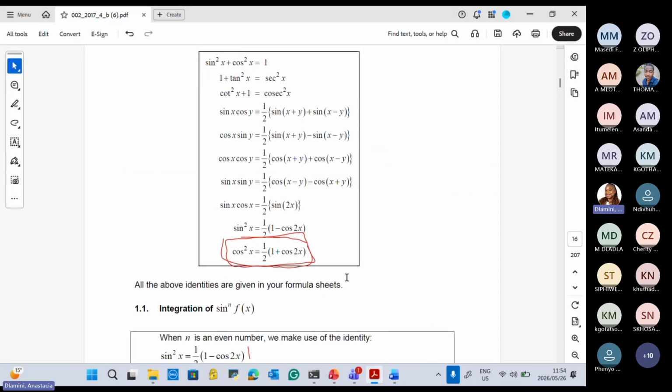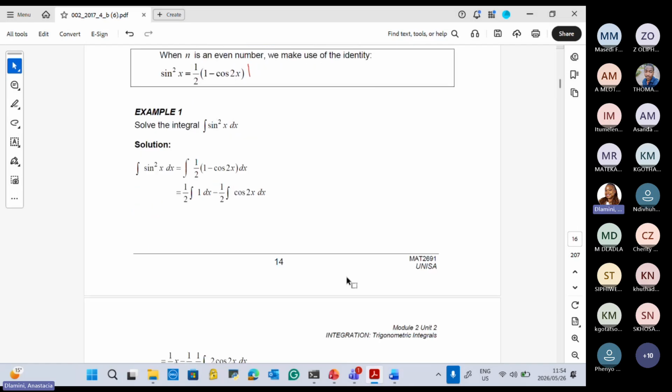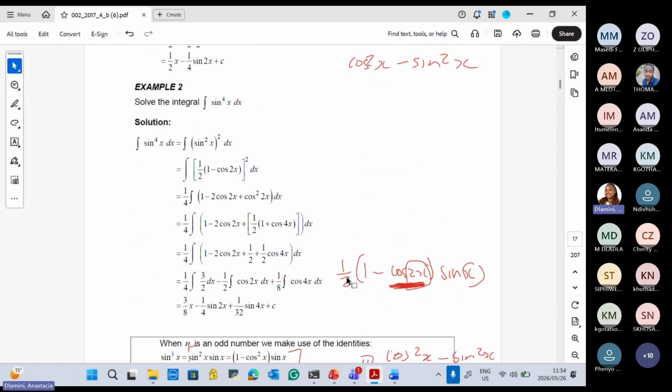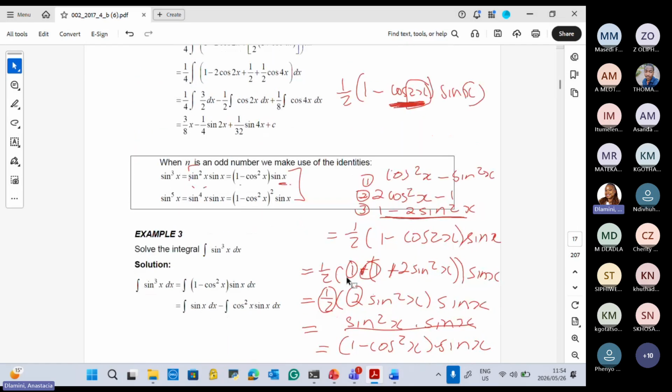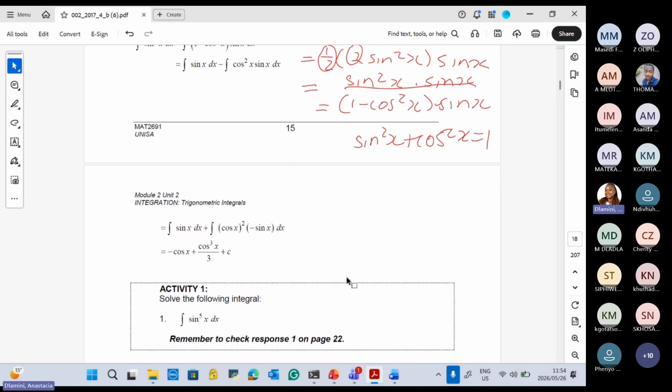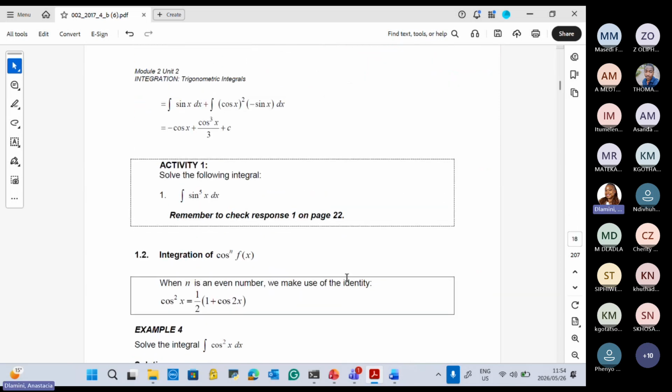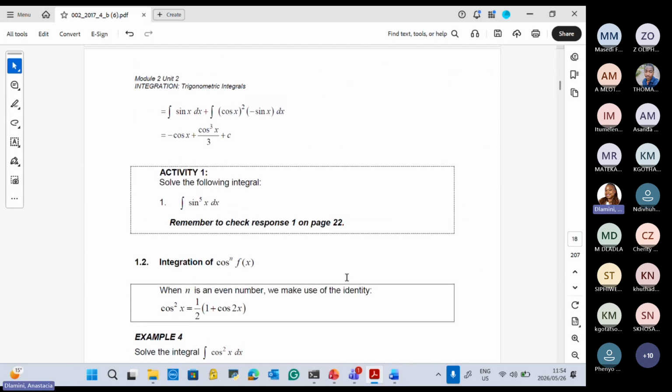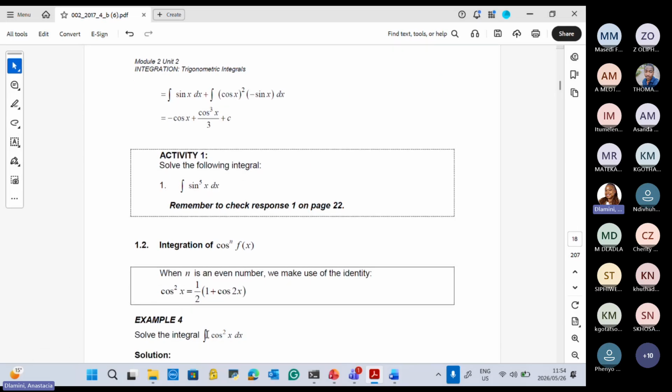Let's move forward. Okay. Let's look at cos squared 2x. We did integrate this one, so I can skip it. Yes, we did that one.